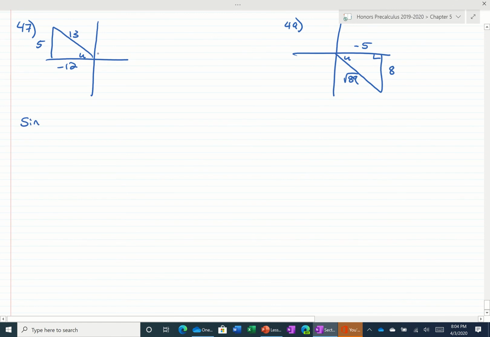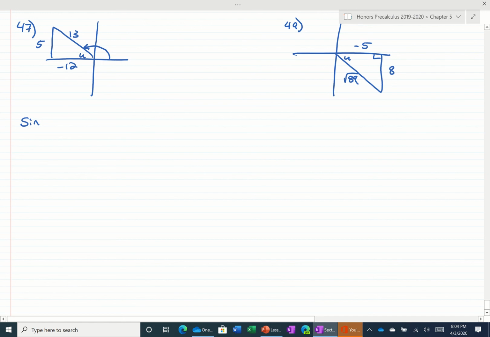So the sine, and let's see, what does it say here? So we know that this angle, let's see here.